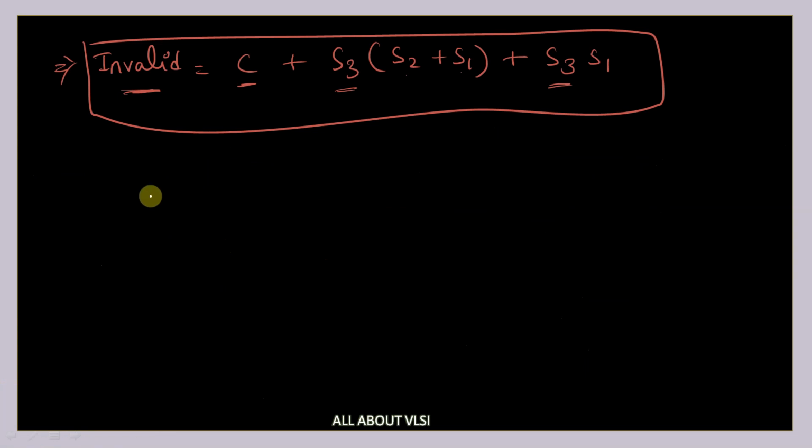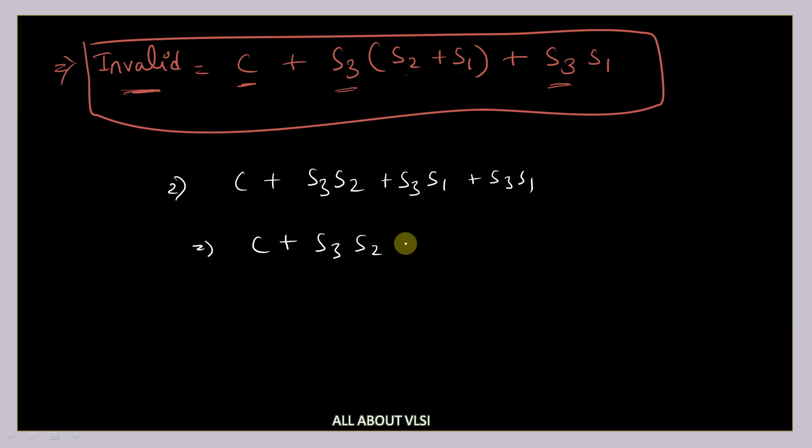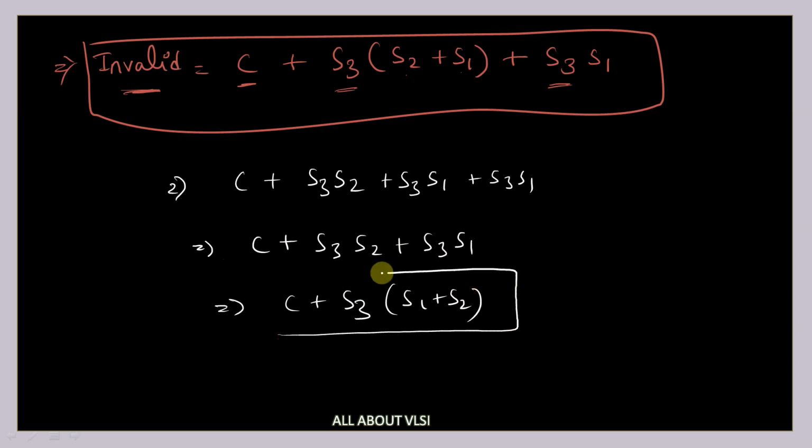Is it clear? So you can write it as C plus S3 S2 plus S3 S1 plus S3 S1, which becomes C plus S3 S2 plus S3 S1. If you take S3 common, that is C plus S3 times S1 plus S2. In this case, your invalid is equal to 1. So you can cross verify. For example, let's say your number is 10.